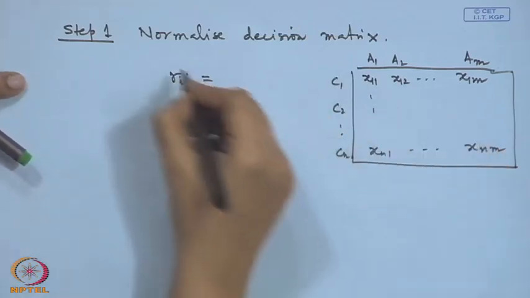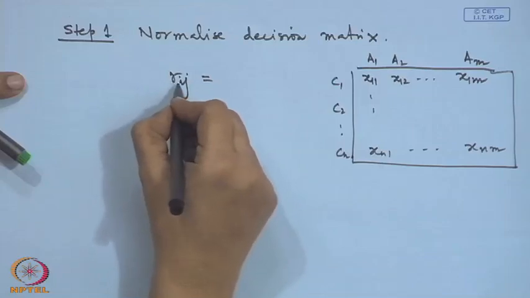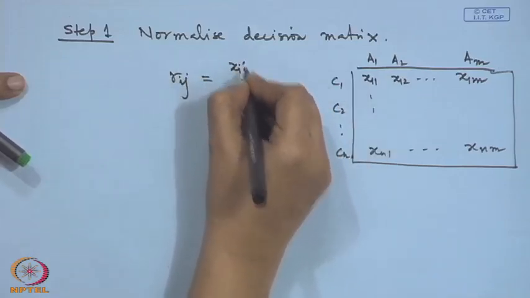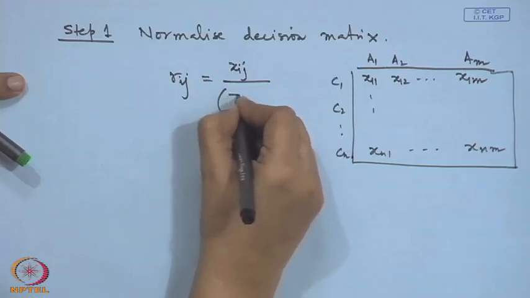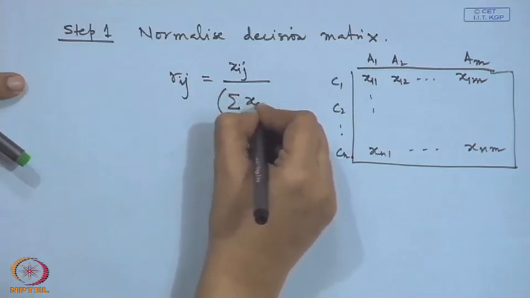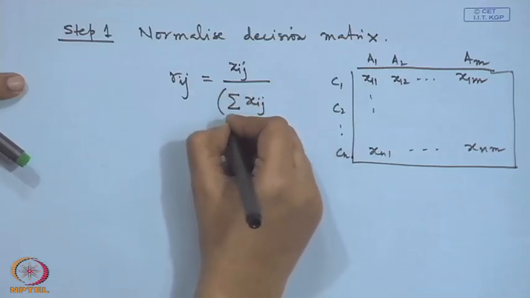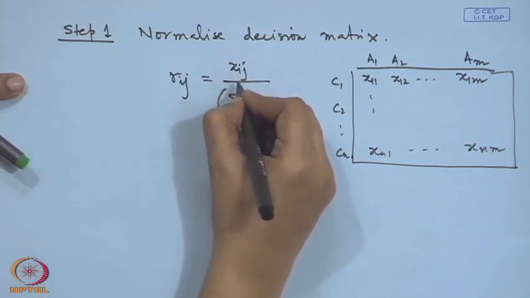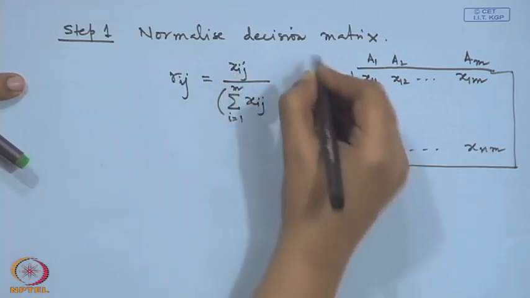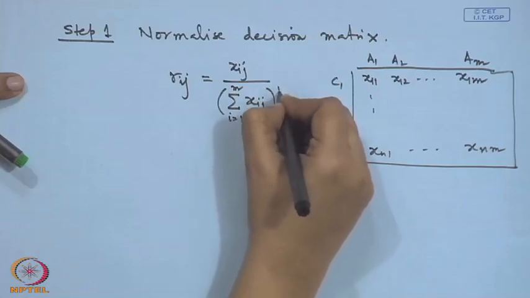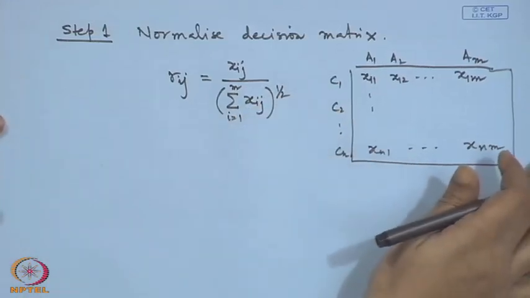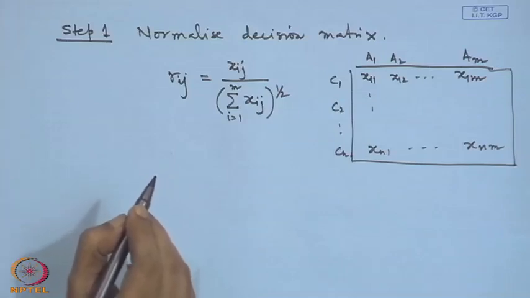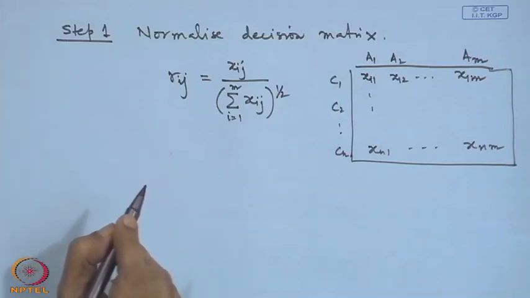For the normalization, the first step is that we take Rij as Xij divided by the summation of Xij over all i equal to 1 to m. Then we will get the values for Rij all between 0 and 1.